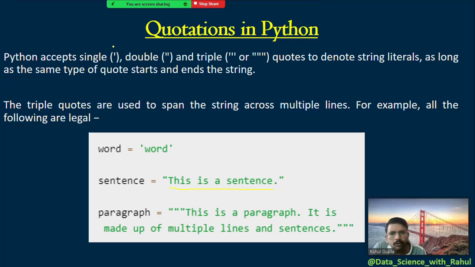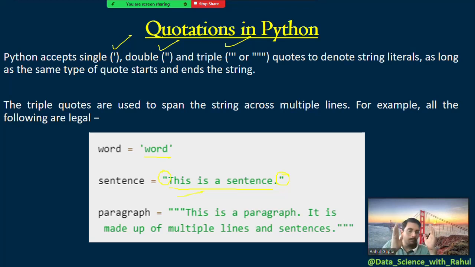We can use single quotes, double quotes, or triple quotes. Python accepts all three. Here you can see I have written a single quote, double quote, triple quote. It is allowed. The only thing to remember is that if one side is a double quote, you can't put a single quote or triple quote on the other side. You have to put a double quote.